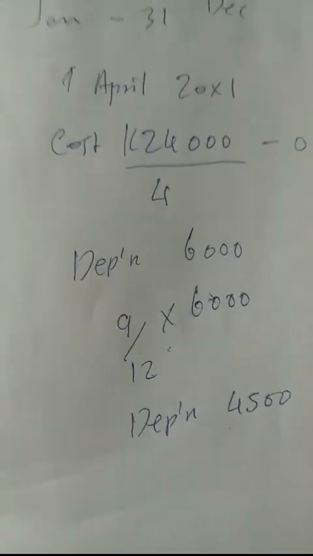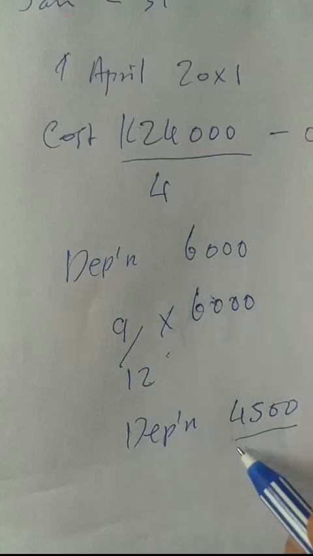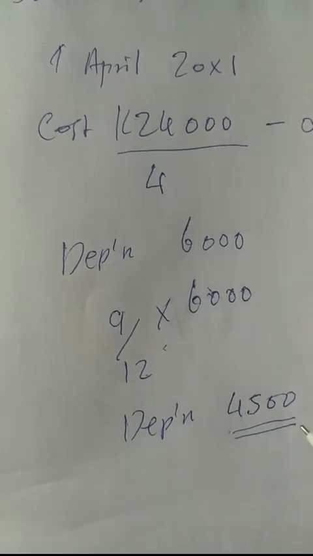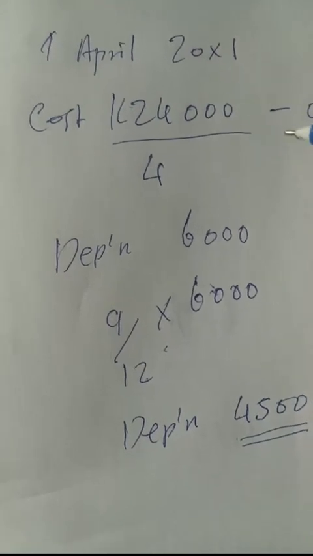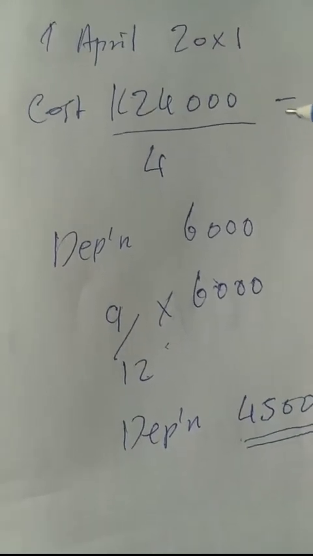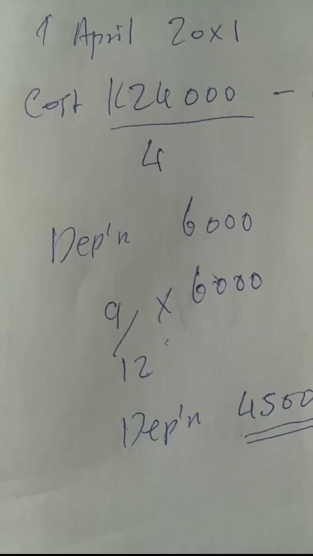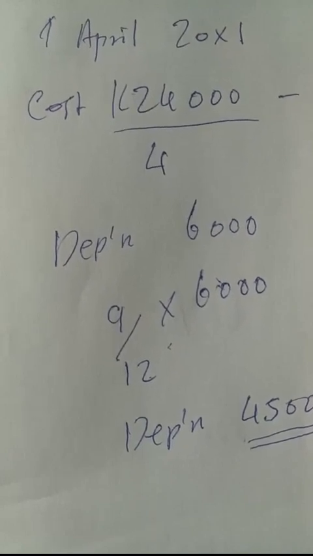This is the amount you really need to charge in the books of accounts if you are going to be fair in your allocation of depreciation and charge in the statement of profit or loss for your accounting year.